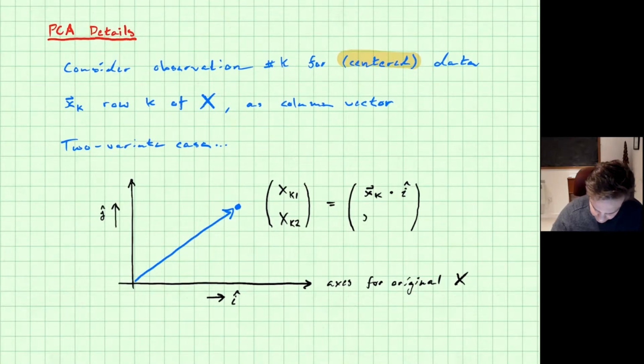Then x sub k2 is the dot product of xk and j hat. So that's a long-winded way to express what we might call the address of observation K on the original axes.